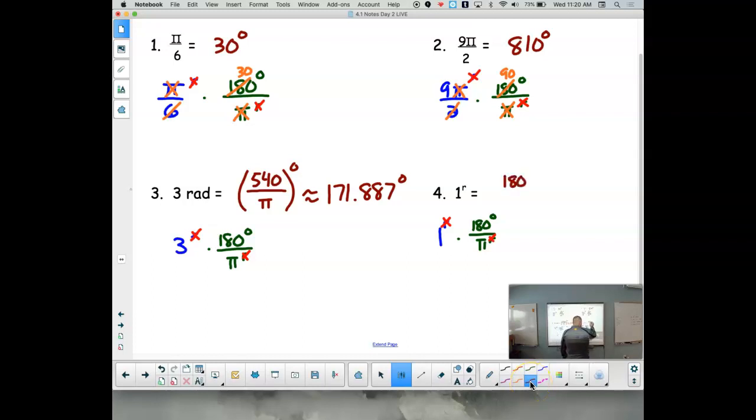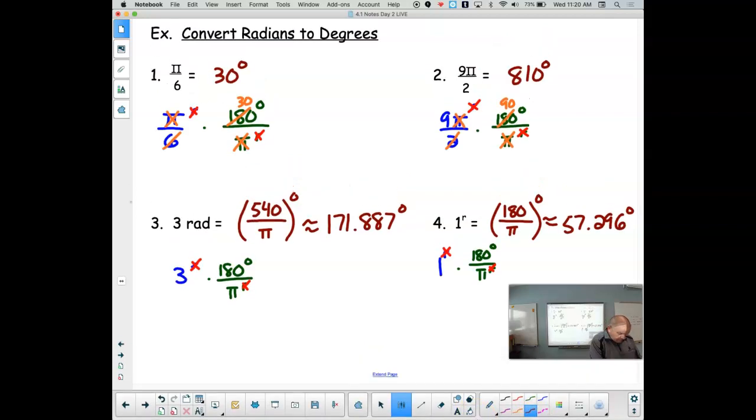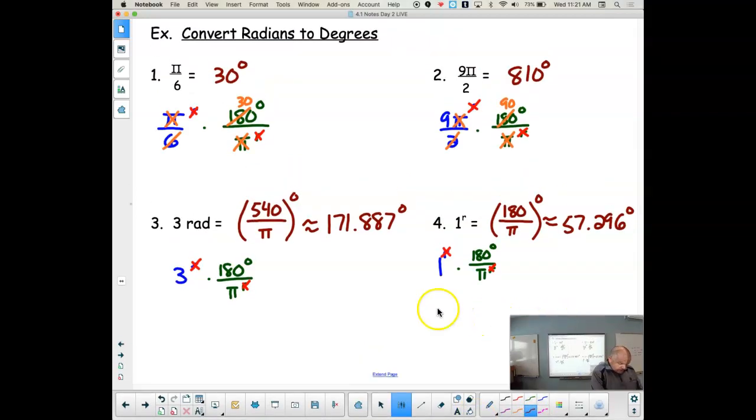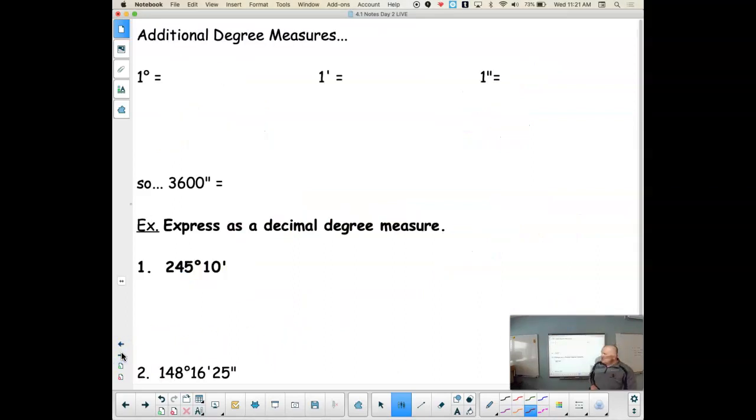It would be 180 over pi degrees, or approximately 57.296 degrees. Okay? Since we're not going to use the graphing calculator, we've got those.